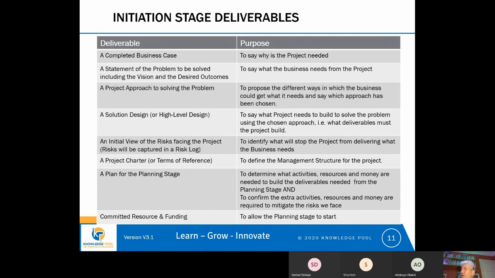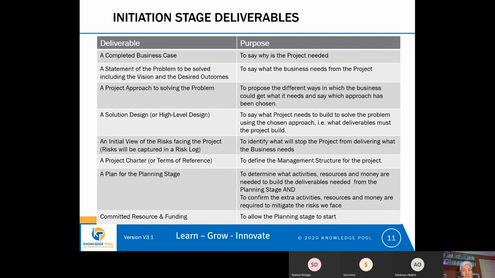So sometimes you'll see that a benefit is claimed for a project that can't be given a financial figure, but it's still a benefit. If people in the organisation agree that it's a benefit, it can be listed in the business case as a benefit. So the business case is there to say, why is the project needed? What's the rationale for doing this project?